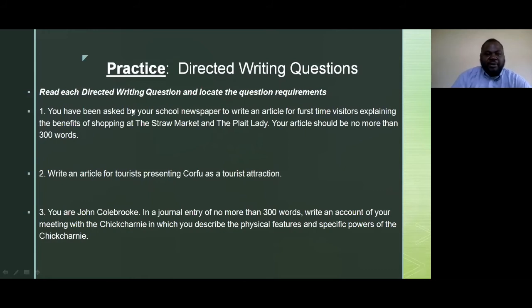Okay, show all. Okay, let's see. What is attractive about Corfu to tourists? Okay, very good attempt, Ms. Adley.